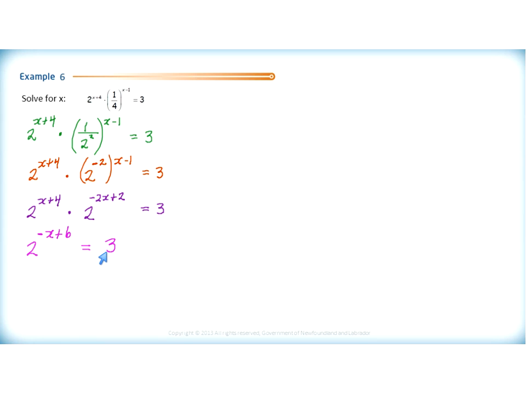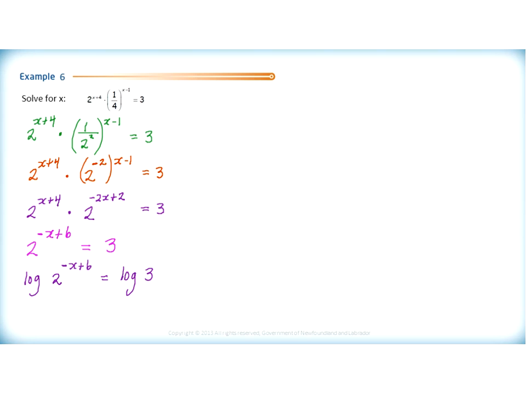Notice here that we have two powers that are equal, however the bases are different. So the only way in which we can algebraically determine the solution here is to take the log of both sides of the equation. So we have the log of 2 raised to the power of negative x plus 6 is equal to the log of 3.